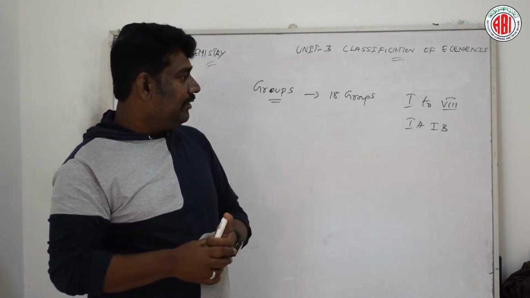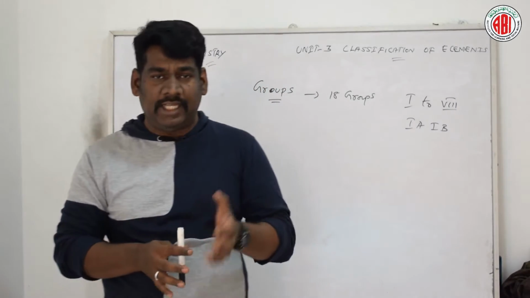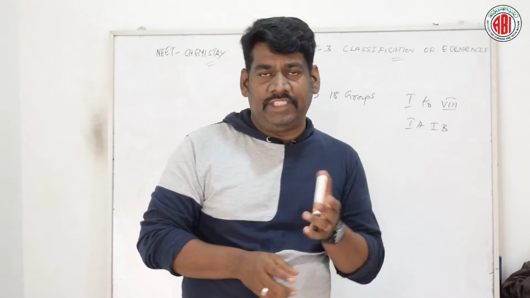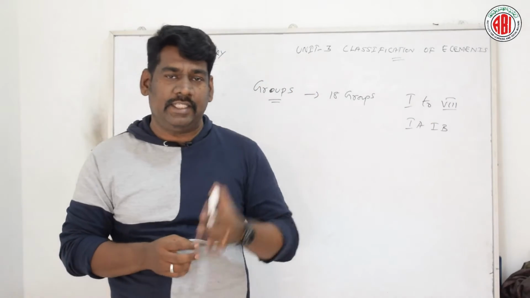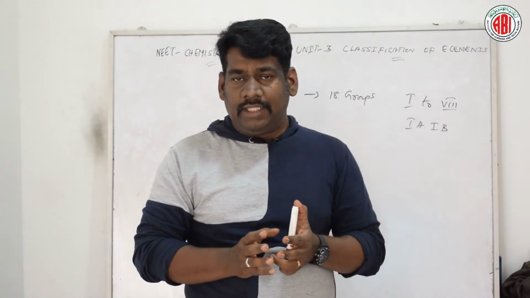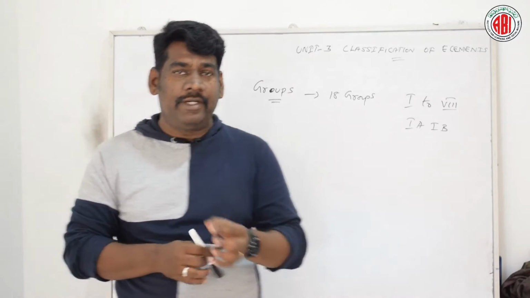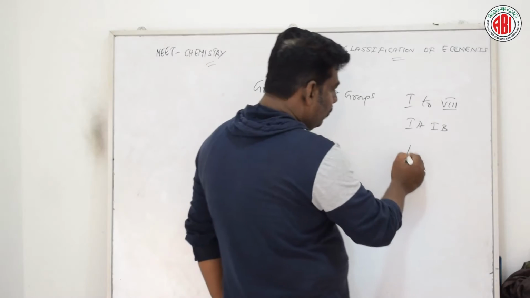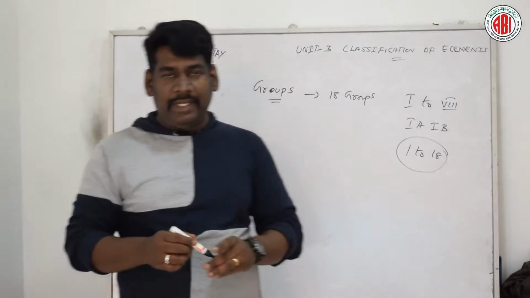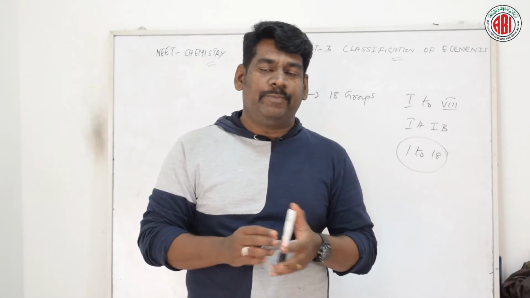This was the earlier arrangement of elements based on groups. But according to IUPAC, the International Union of Pure and Applied Chemistry, the groups are numbered from group 1 to group 18. So there are 18 groups placed in the vertical columns of the long form periodic table.